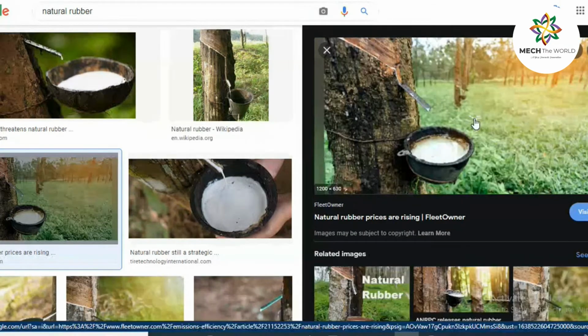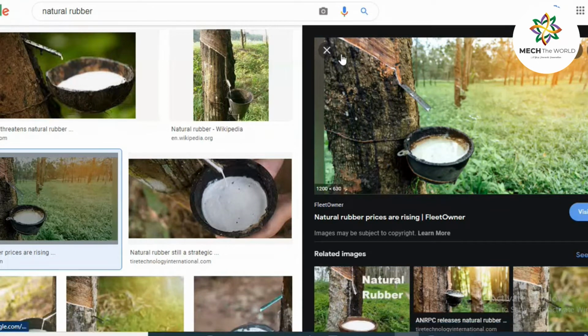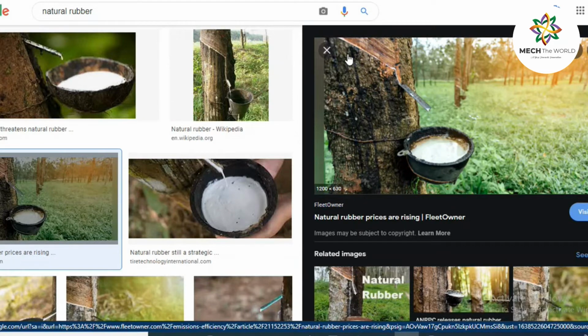I will try to show you how natural rubber is obtained. From the trees, if you have observed, most of the trees produce the rubber which is collected in such a manner, which is illustrated in this figure or in this photo.